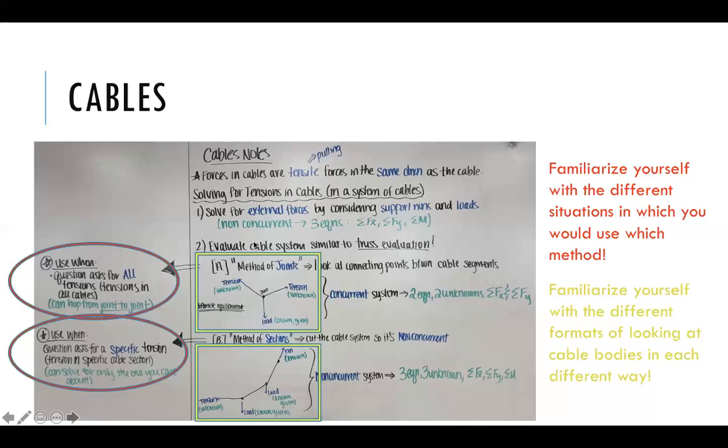So both of these are almost identical to how they would have been used in trusses. In that sense, it's fairly familiar, but the only thing that's actually different is the fact that all of the forces in the sections you're cutting are tensile forces. Other than that, it's fairly familiar, I think.